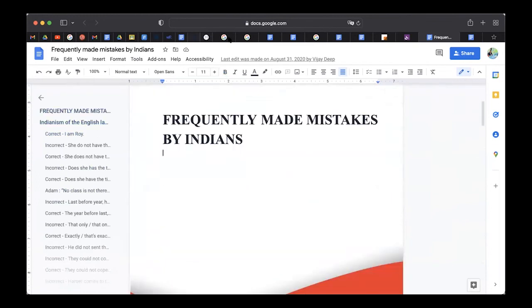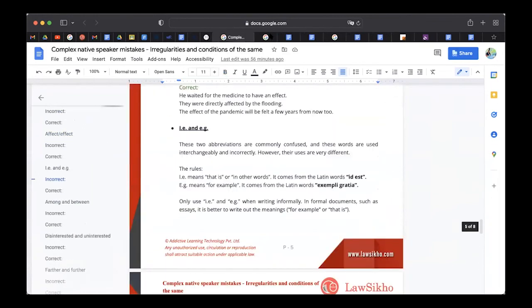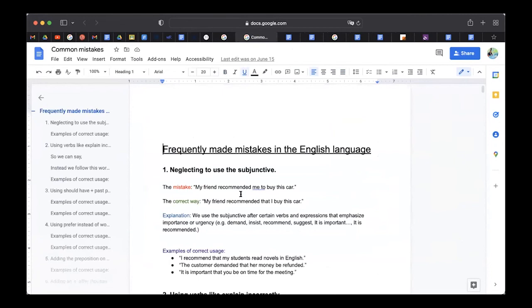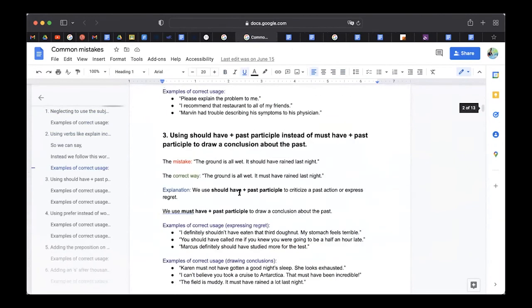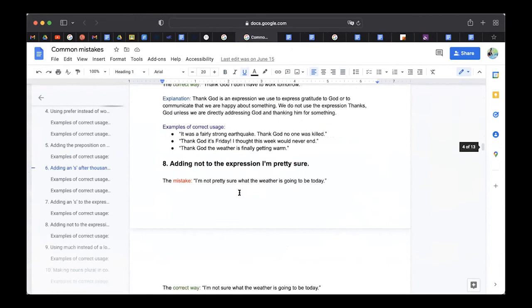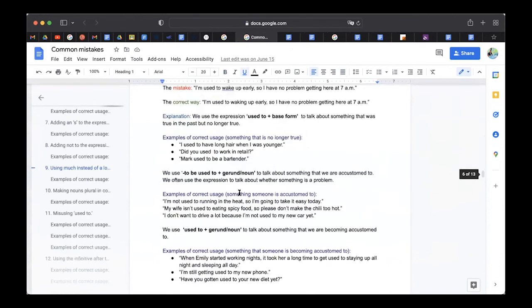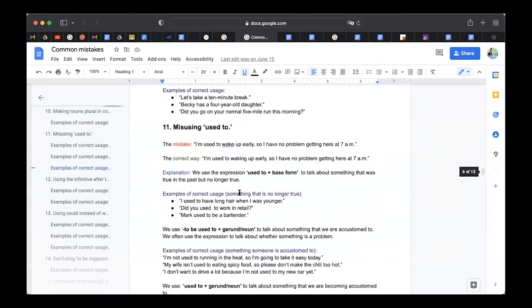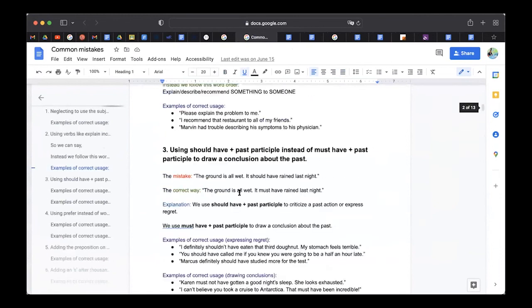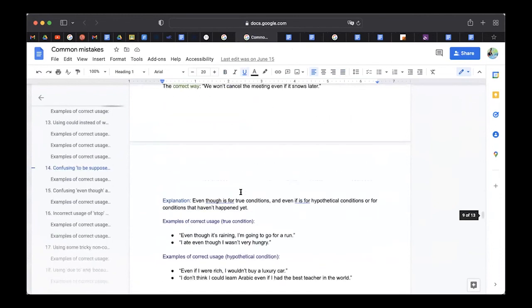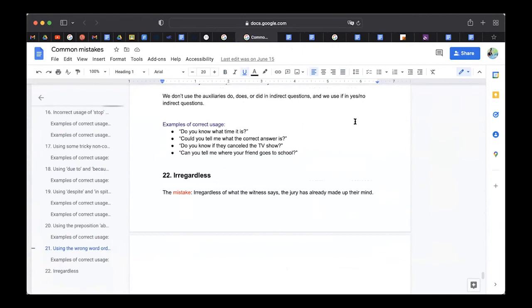There's one more document for Sunday, which is frequently made mistakes in the English language. I will be covering either one or both, depending on the time. I don't think I can cover both, looking at the content of this doc. So step by step, we will be covering these documents, and I hope this is helping all of you. I shall see all of you tomorrow, same time, 9:30.